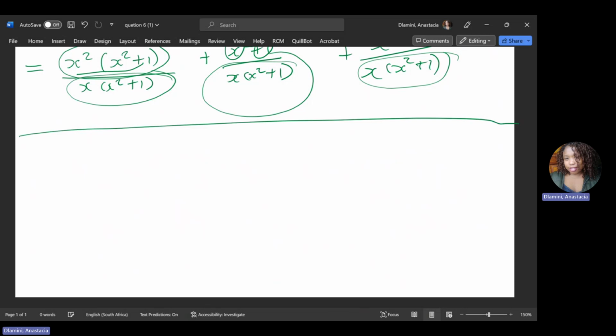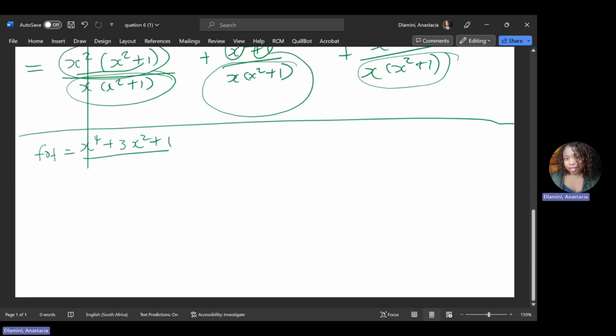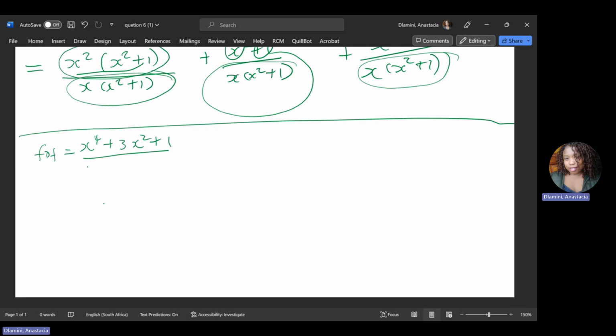Now let's find the domain of the composite function. So let's draw a line here. Our composite function was x to the power of 4 plus 3x squared plus 1 over x to the power of 3 plus x.